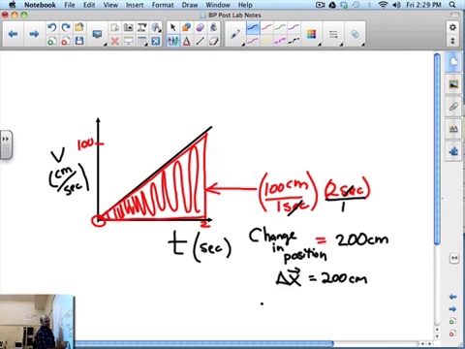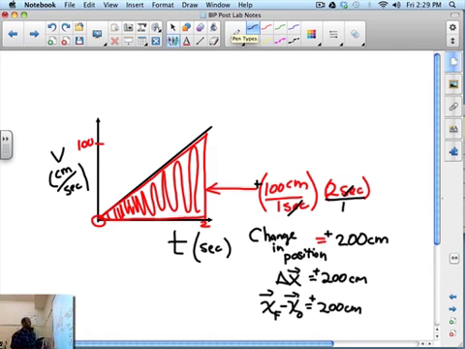In other words, final position minus position at 0 seconds is 200 centimeters in the positive direction, because this number here is positive.